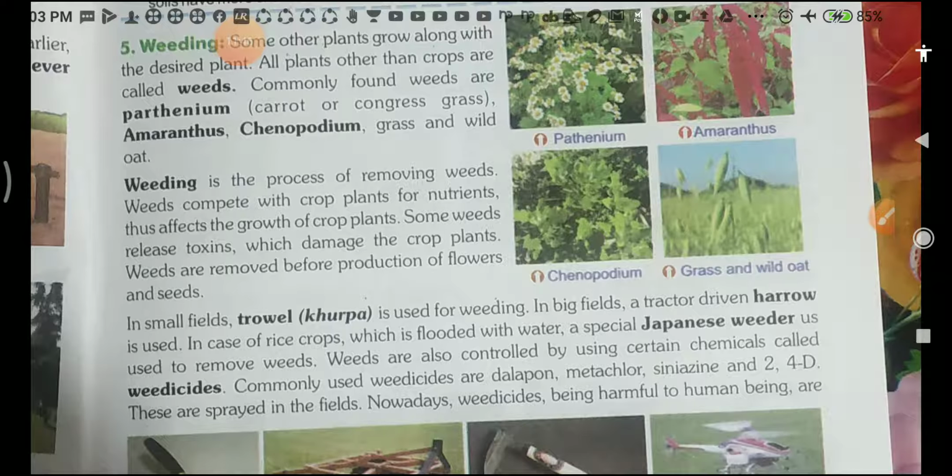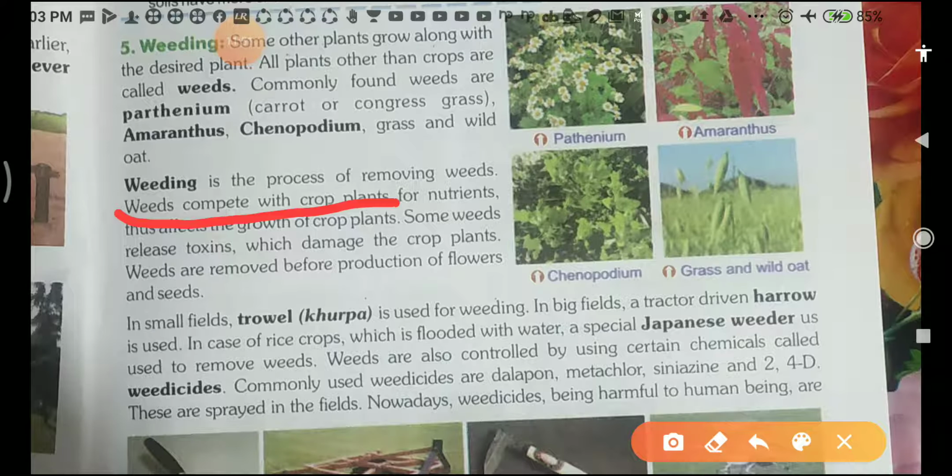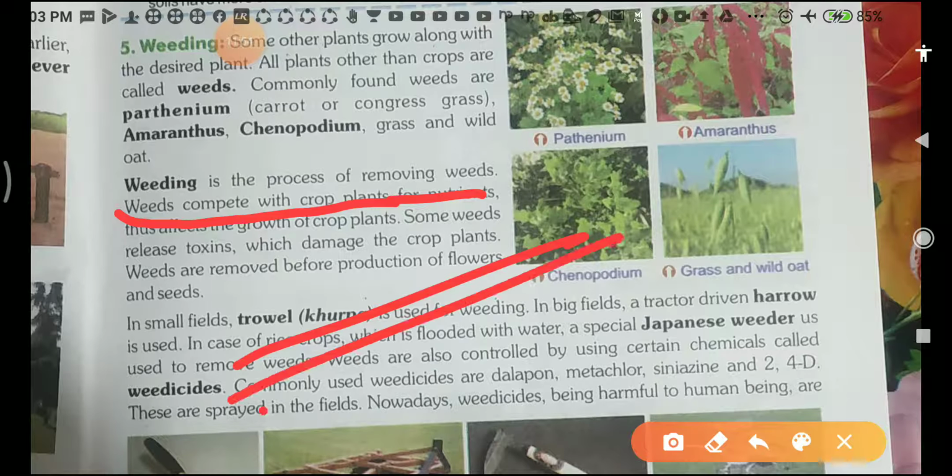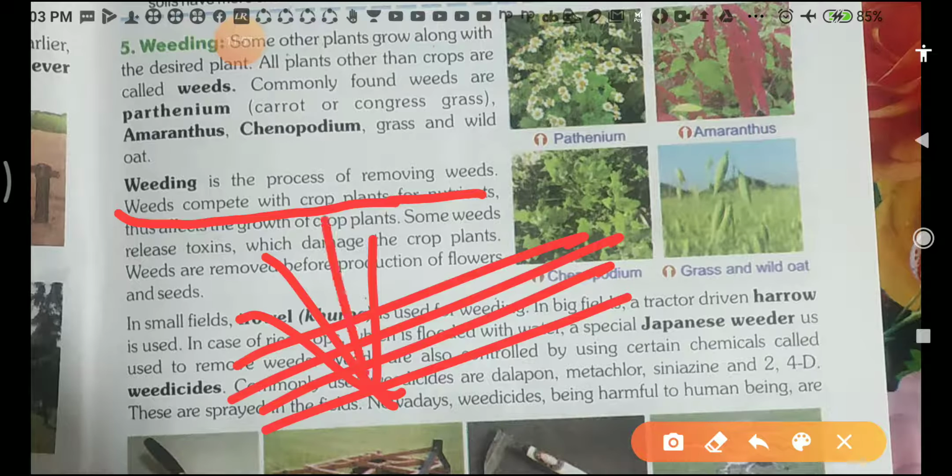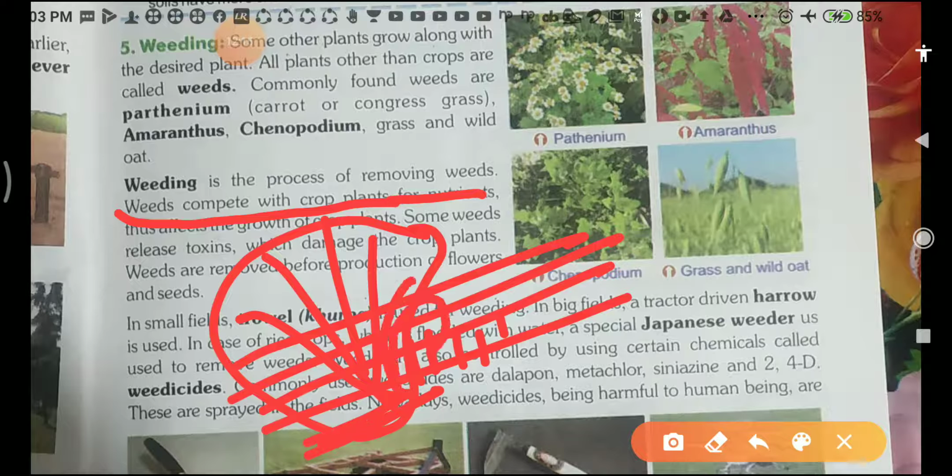Suppose this is the main plant, and if some weeds grow here, the main plant requires more nutrients, but if weeds grow beside this main plant, they also take nutrients from the soil. In this way, these weeds can harm the main crop plant.